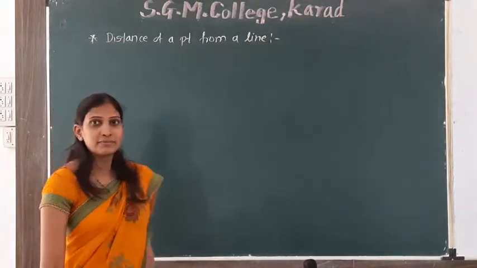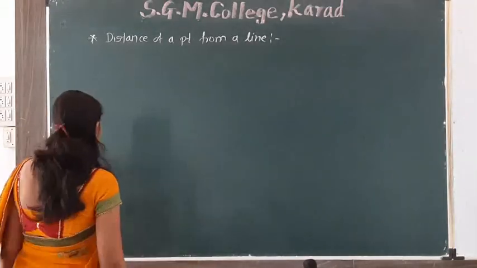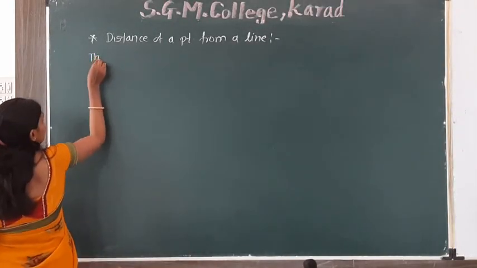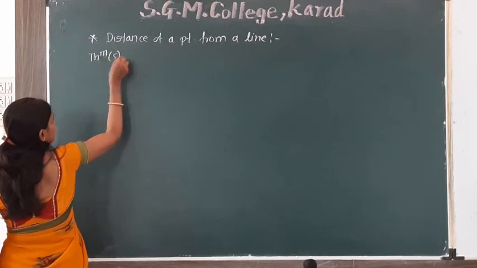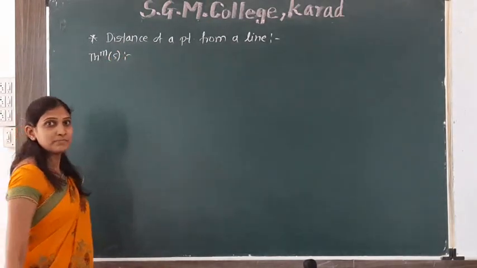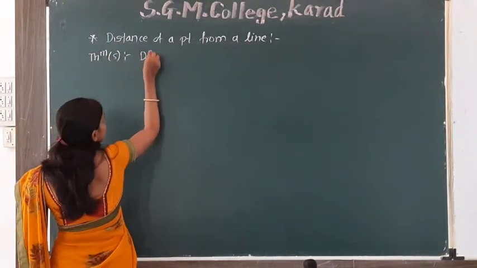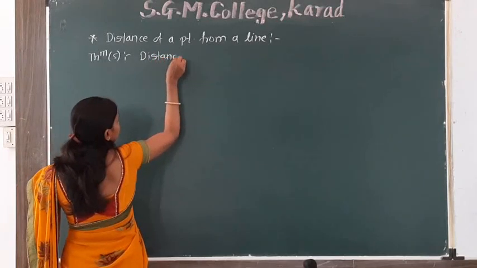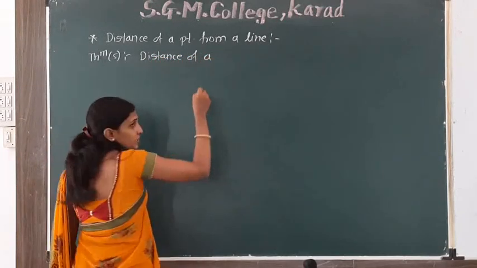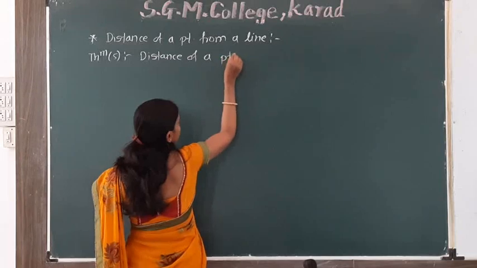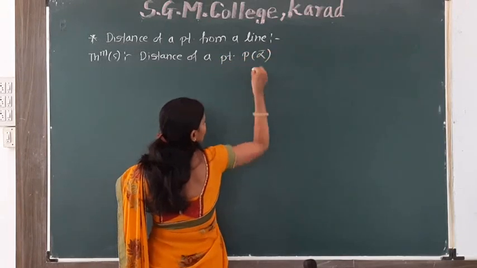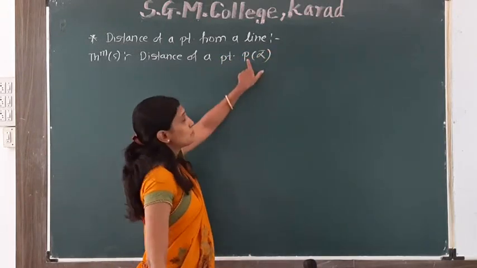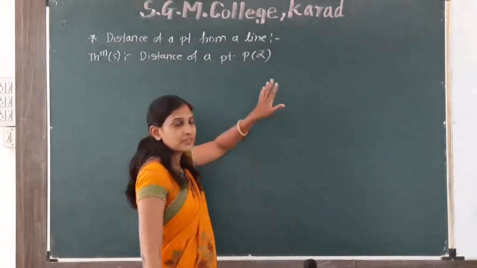So, theorem number 5. Its statement: let P with alpha bar as its position vector from the origin.